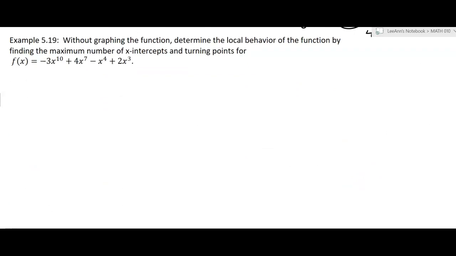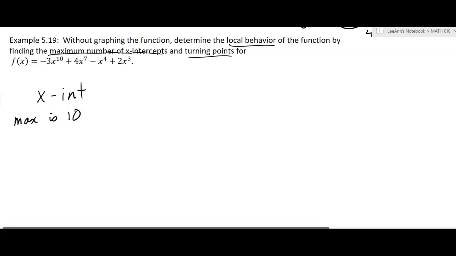Okay, we'll give you a better example here. Without graphing the function, determine the local behavior of the function by finding the maximum number, or the most, number of x-intercepts and turning points. Okay, so x-intercepts, the max is 10. I can't have more than 10 x-intercepts.